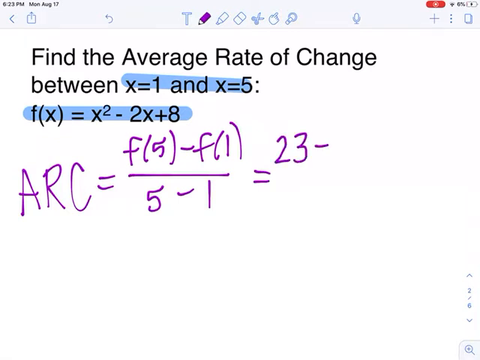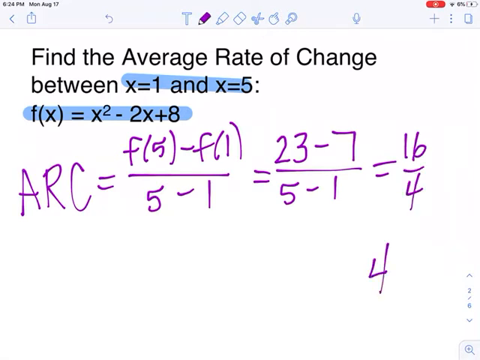The function at 5 is 23, minus our function at 1, which is 7, all over 5 minus 1. So we have 16 over 4, which gives us 4 as an average rate of change.